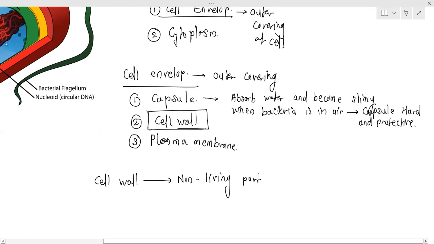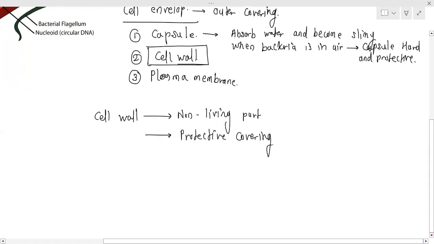Plus, it is also a protective covering. Its function is protective covering. Okay. When I talk about a cell wall as a protective covering, remember there are basically two different types of bacteria. Bacteria we can classify in two different types depending on cell wall.